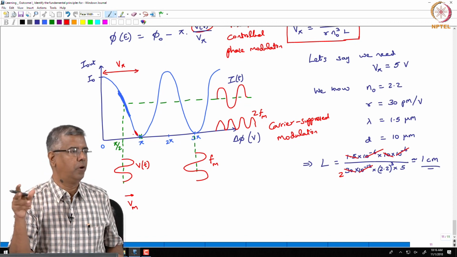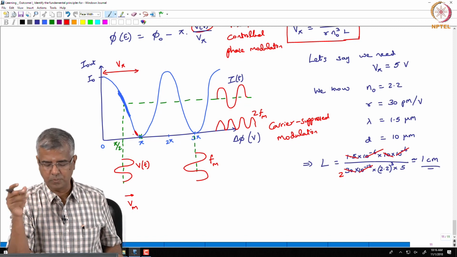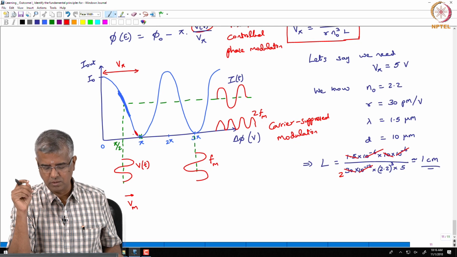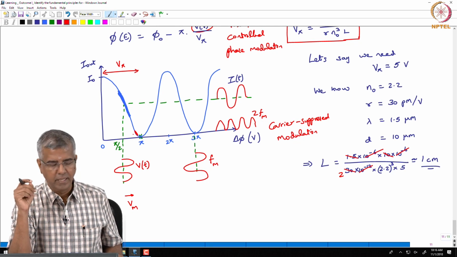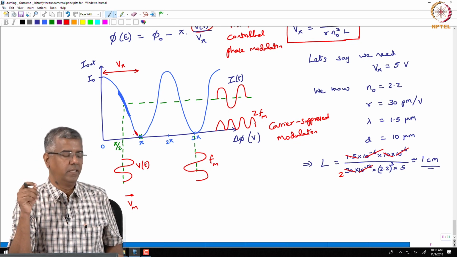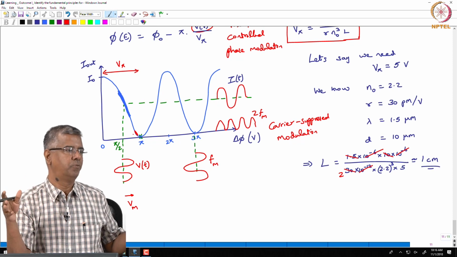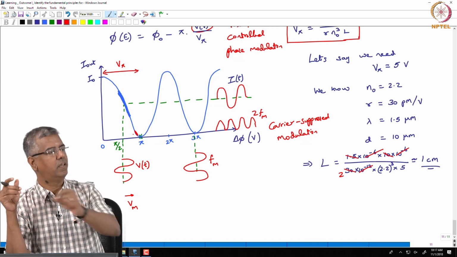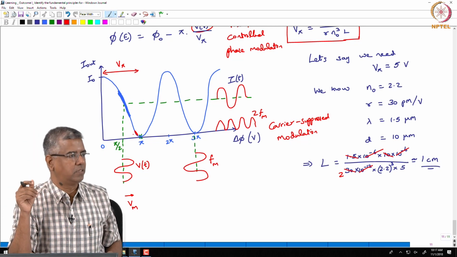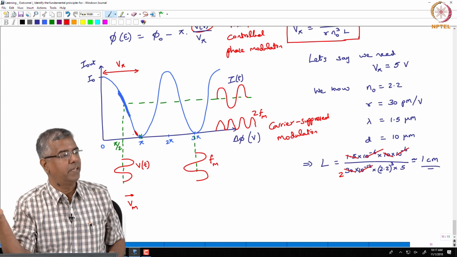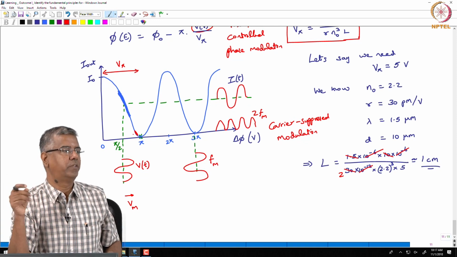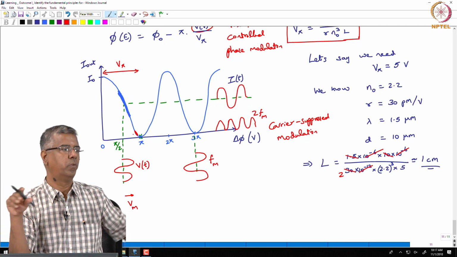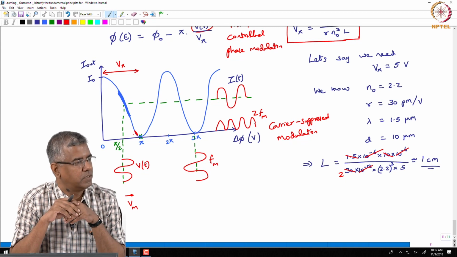Your waveform is going to get distorted. That distortion, if you do a Fourier series analysis on it, you will find is represented by multiple harmonics. So you start generating harmonics as you go away from that linear response region.